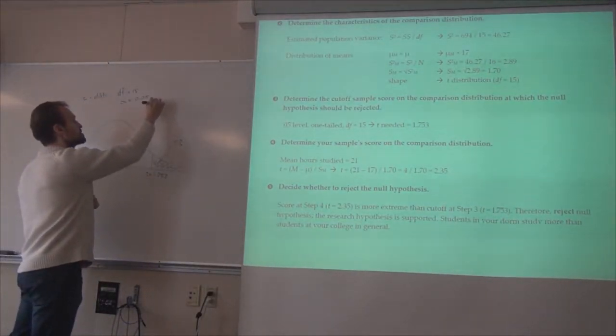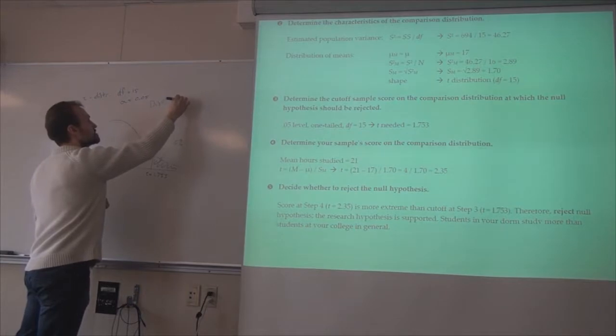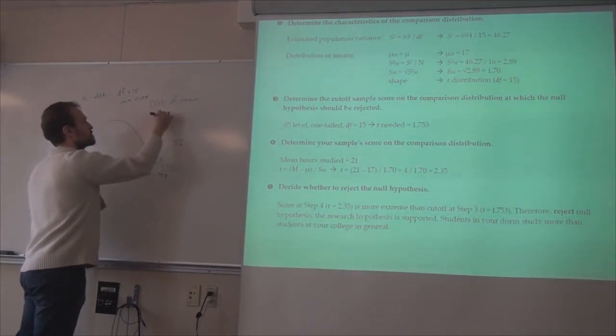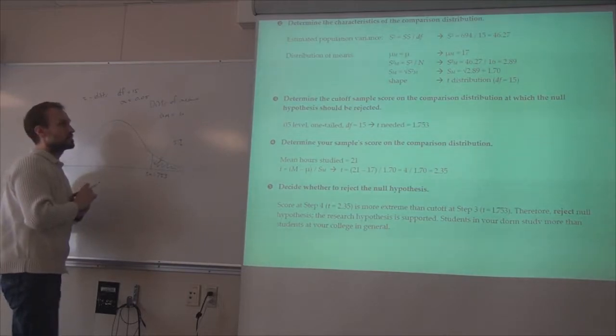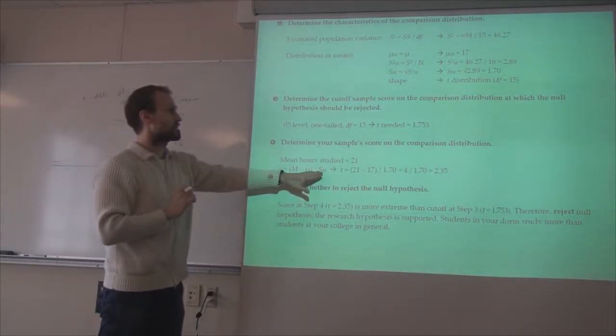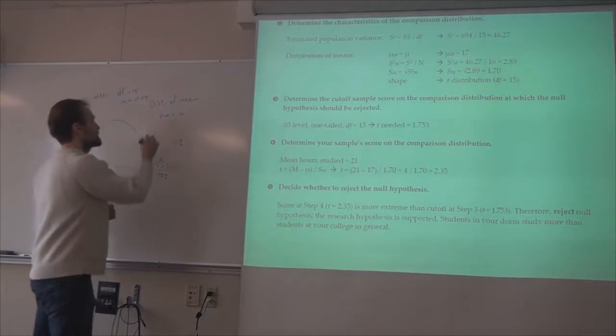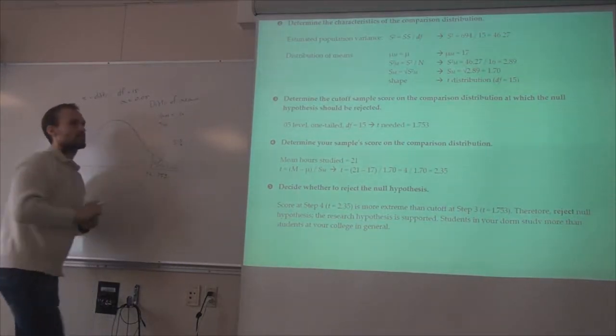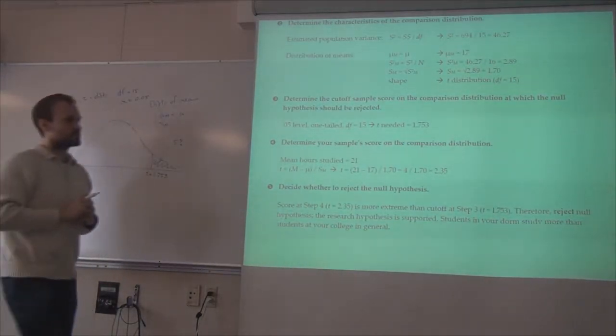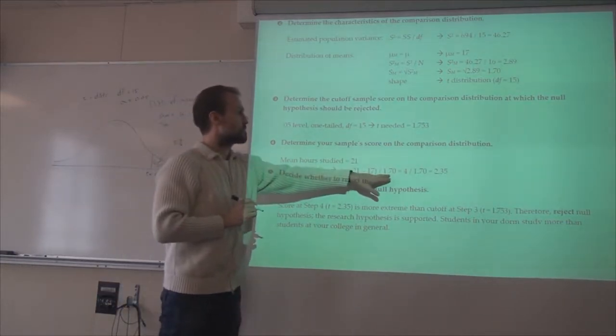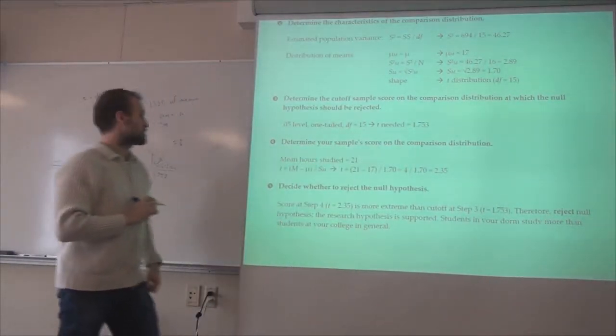This is still a distribution of means. So mu m is just the same as the population. And my standard error of the mean is now approximated from my sample. So I take the difference, divide by 1.7, and I get a 2.35.